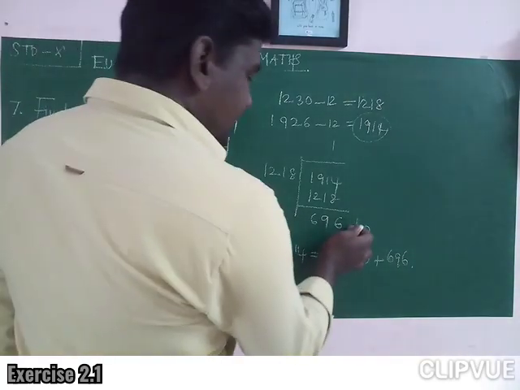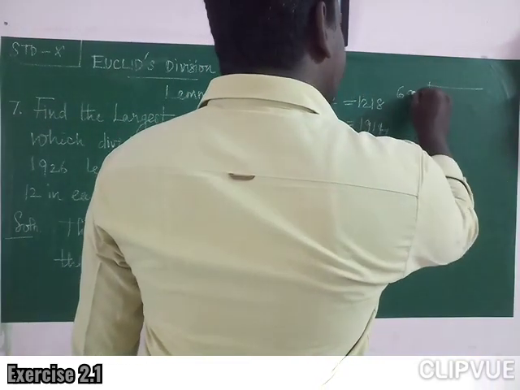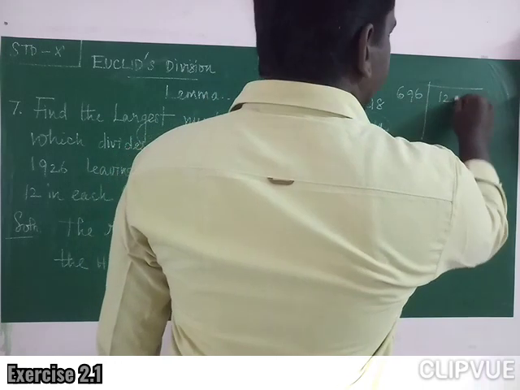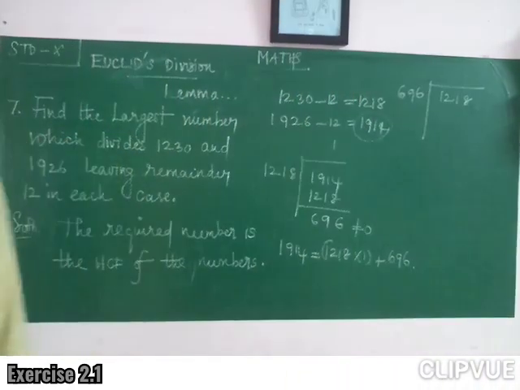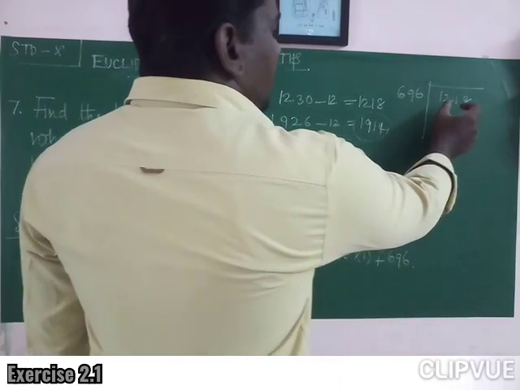So now I am going to take 696 as the divisor and 1218 is the dividend. Actually that 696 is considered as 700 because it is closer to 700. So 2 into 700 means 1400. But here 1218 is given. Actually this is 1200.